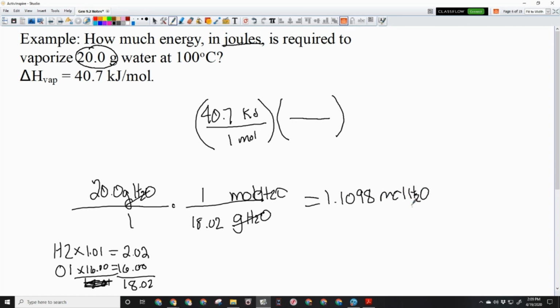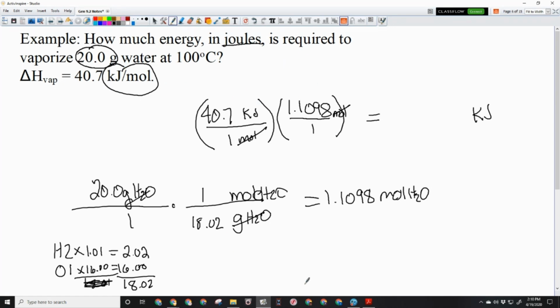All right, so now that we have it in moles, that matches this moles, we can put that up here. Moles over 1. Moles cancels moles, and this is going to give us our answer in kilojoules. All right, so all we're doing is multiplying these together, making sure that they're in the proper units.